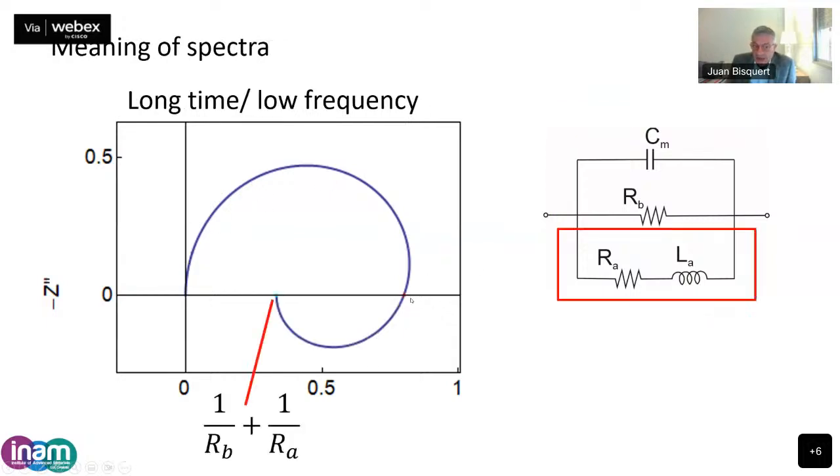But when we go to low frequency, then the inductor acts and introduces a new resistance in parallel, so that the total resistance is decreasing, and this inductive action goes into the fourth quadrant, and is associated with the negative capacitance.